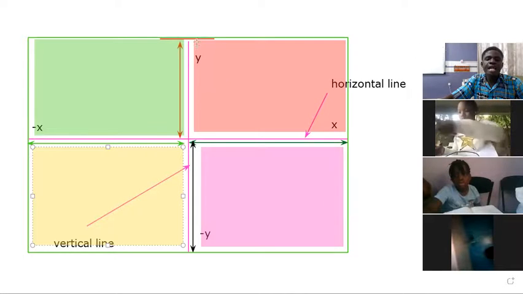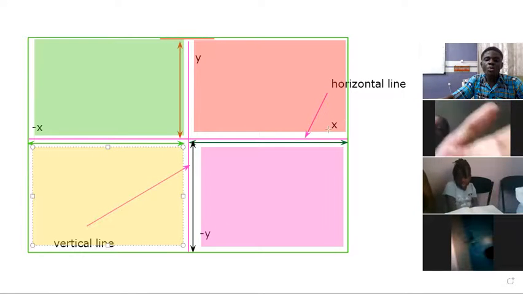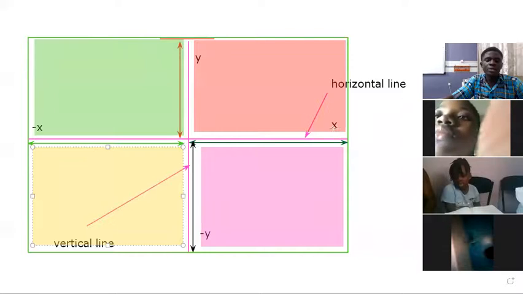And then if you look at the red box, the one over here, you can see that the Y line is positive, and the X line is also positive. Do you understand?